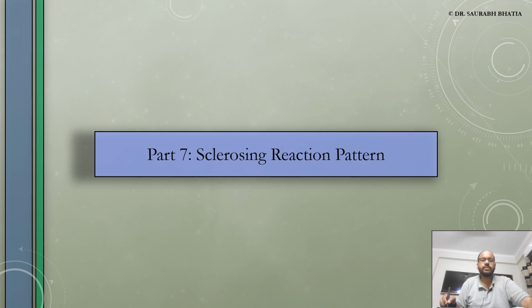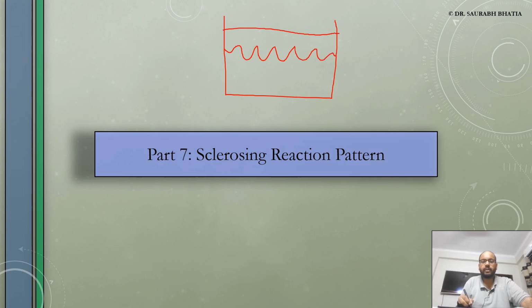So we'll start a discussion on sclerosing reaction pattern. Now remember, if this is your biopsy, this is the epidermis and this is the dermoepidermal junction. Remember what I said, that the major action happens in the dermis. And in the dermis, you have two major fibers: the collagen fibers and the elastic fibers.